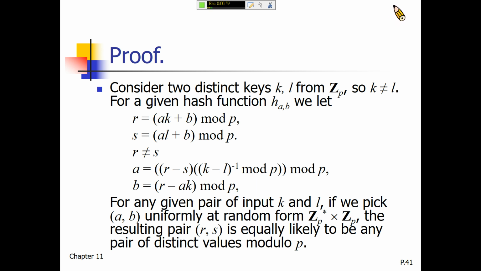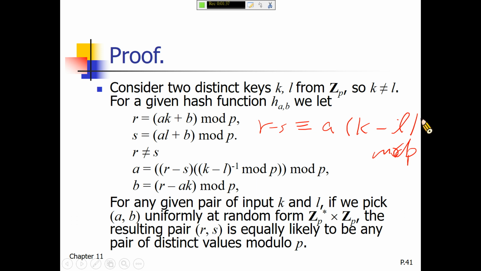It follows that r minus s is equal to a(k minus l) mod p. So because p is prime and both a and k minus l are non-zero modulo p, r will not equal s.